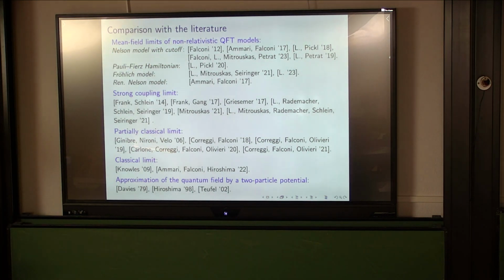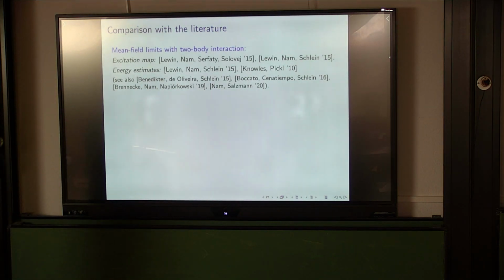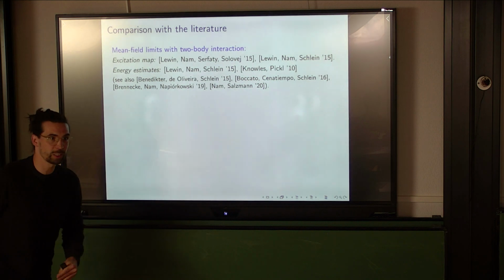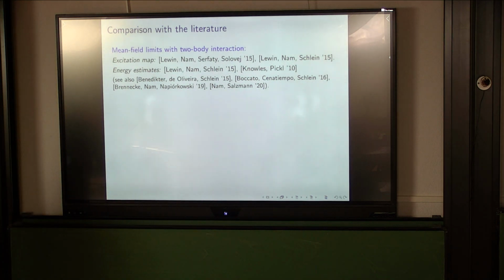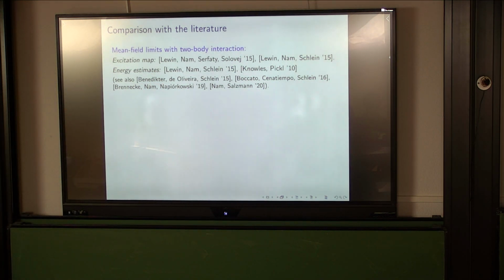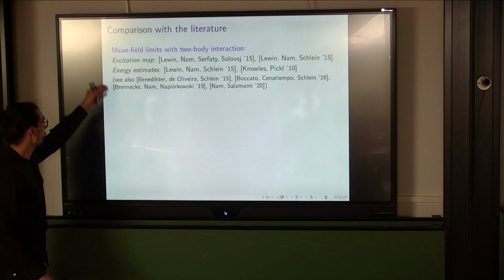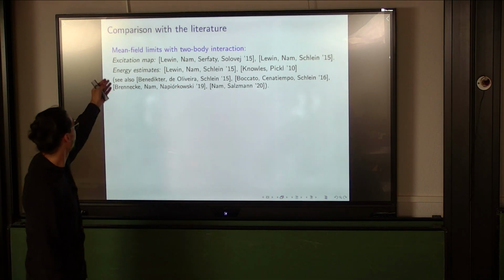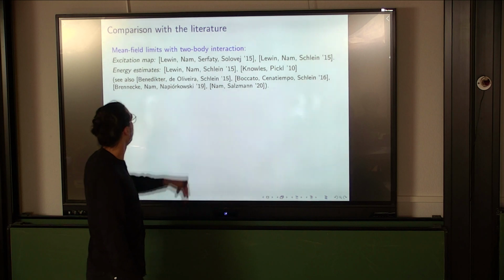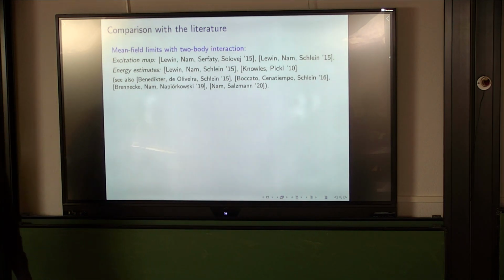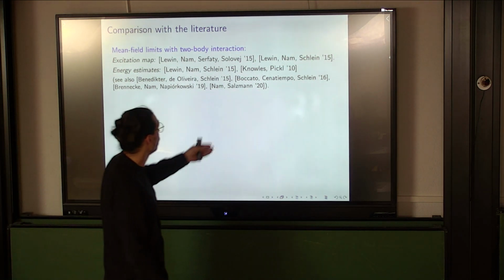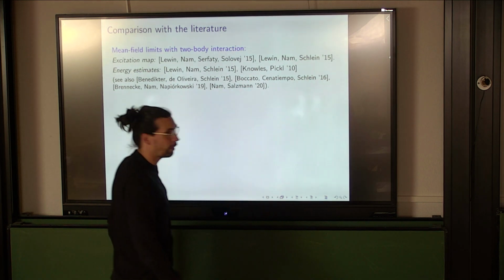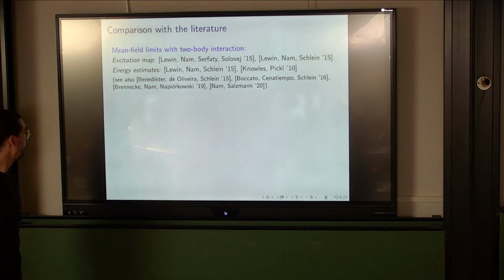I would also like to sketch some similarities with mean field limits with two-body interaction, because we use many techniques which were developed over the years, and I could list much more, but I just list the ones which are the closest. So we use the excitation map from the paper of Lewin, Nam, Serfaty, and Solovej, which in the dynamical setting was also used in the paper of Lewin, Nam, and Schlein, and we also follow their approach.